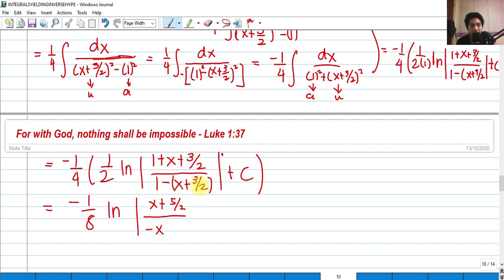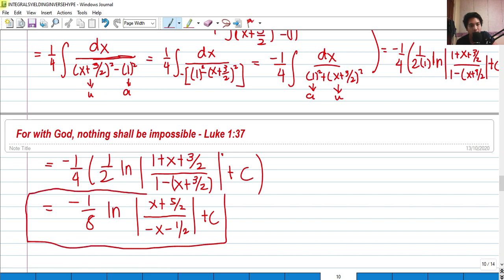So 1 minus 3 halves would be minus 1/2. So plus c. So this would be our answer: negative 1 over 8, the natural logarithm of the absolute value of x plus 5 halves all over negative x minus 1/2, plus c.